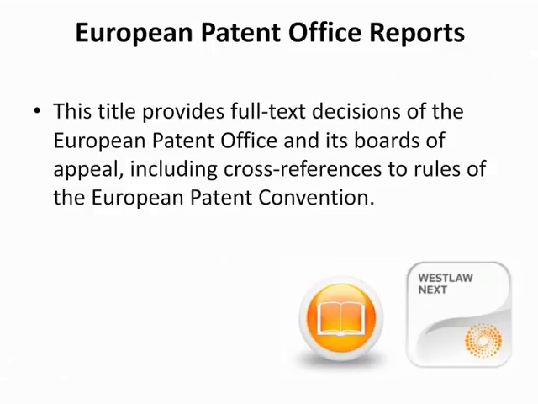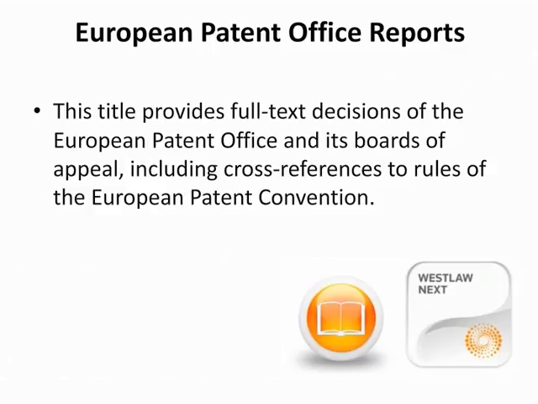Switching into areas that are a little bit more organized, the European Patent Office reports are on Westlaw. So you can search the full text decisions of the EPO decisions, the various boards of appeal, and they give cross-references to the rules of the European Patent Convention.